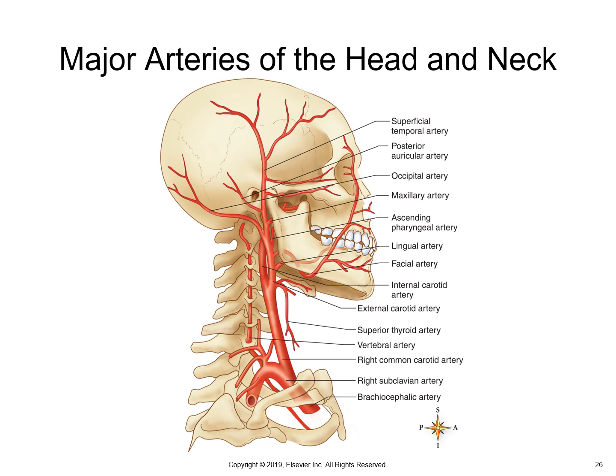The common carotid artery: the right common carotid artery arises from the brachiocephalic artery, all right, that we saw on the last slide. And the left common carotid artery is going to arise directly from the aortic arch.